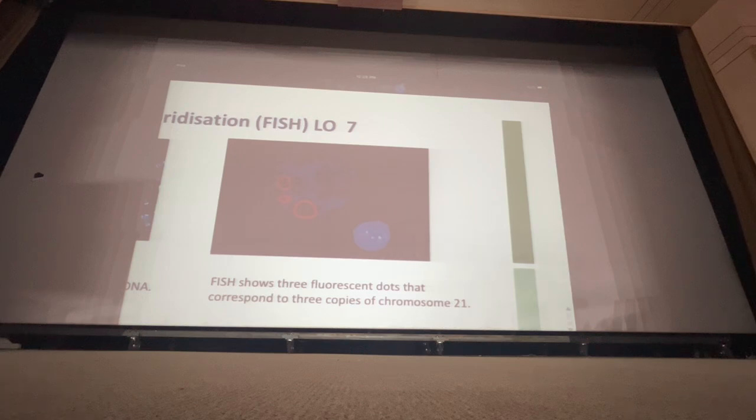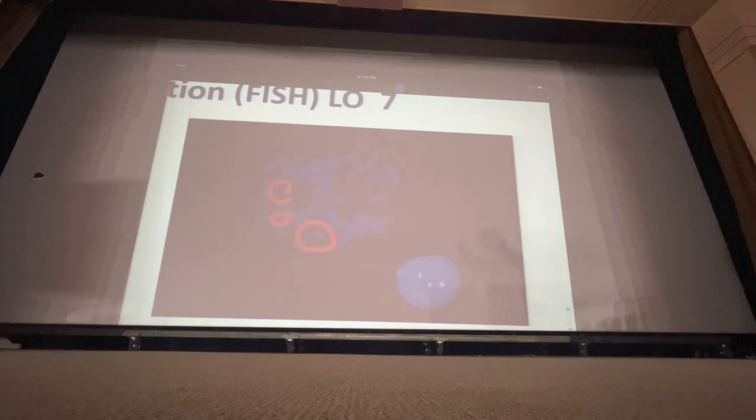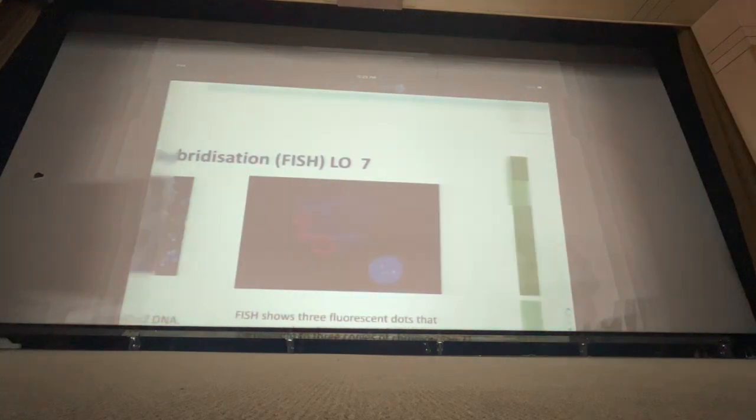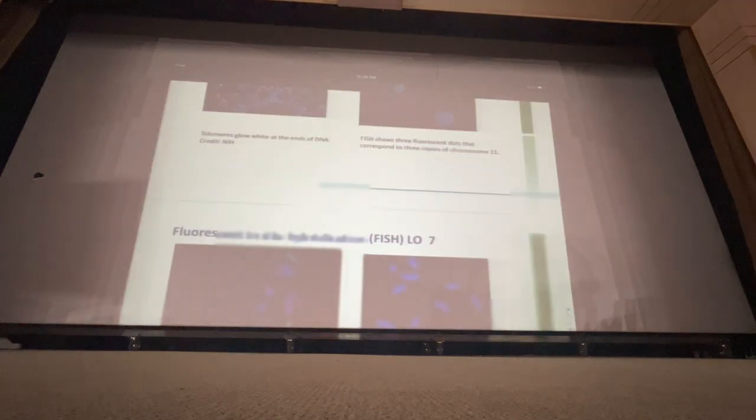You can see 3 areas when there is some illumination. This indicates trisomy 21. So it makes the picture easily understandable.